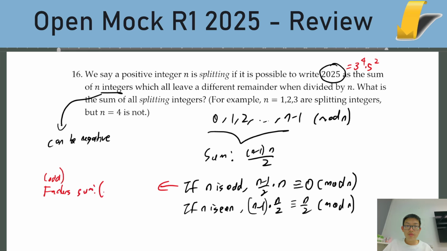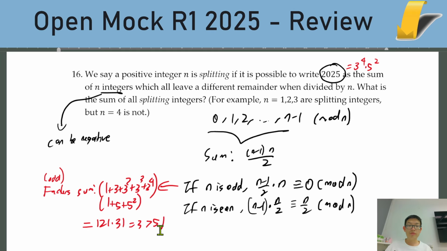So this is the sum of factors. Which, if we take the numerical value, is as such.